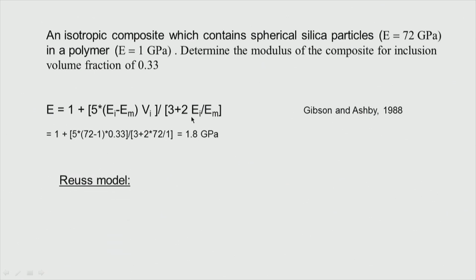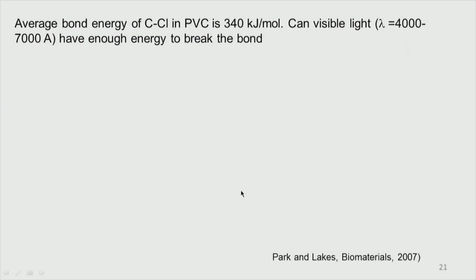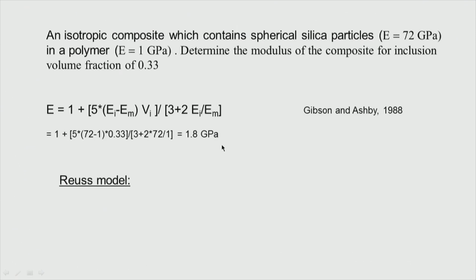Now, long time back I mentioned about Roy's model, right. Okay, this is the Roy's model where the E, that is the modulus, is given by 1 divided by 0.33, that is the volume fraction, divided by 72 plus 0.67, the volume fraction of the polymer, divided by 1, that gives you 1.5 gigapascal.